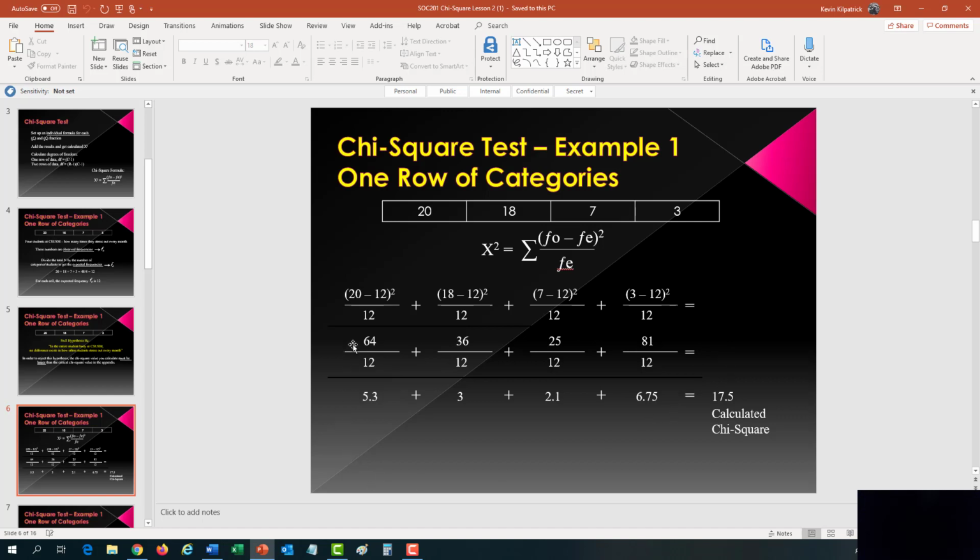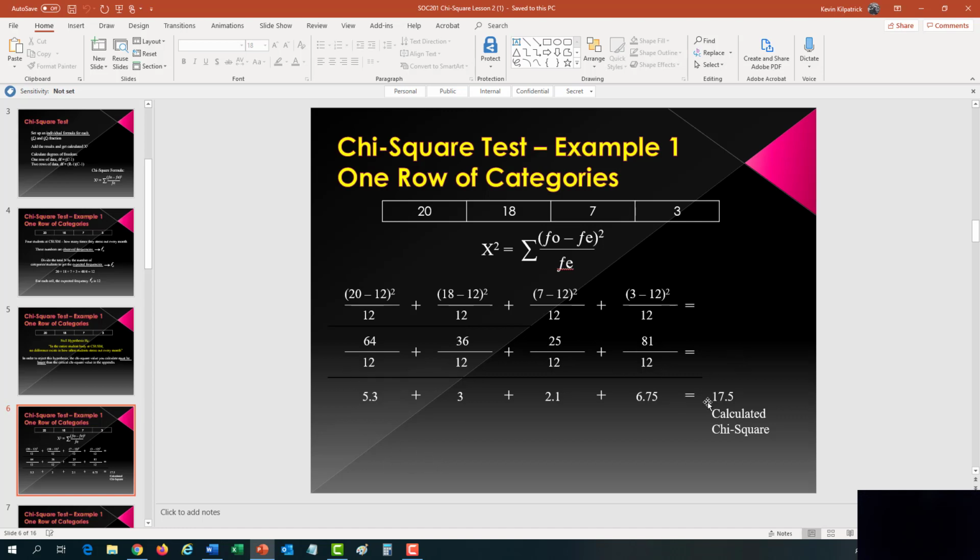Okay, 64. That is 20 minus 12 equals 8, and 8 squared is 64. 18 minus 12 is 6. 6 squared is 36. And the expected frequency of 12 just stays as the denominator in the fraction for each one of these calculations.